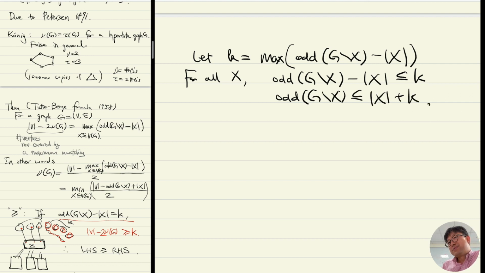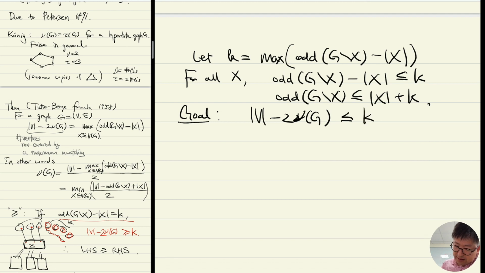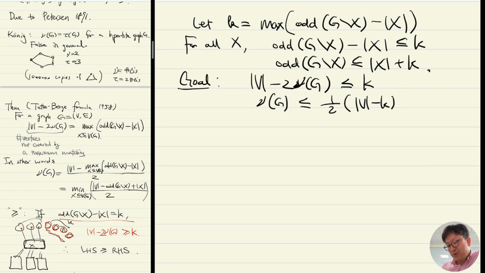Alright. Now, if that's the case, what is our goal? Our goal is to prove that the number of vertices minus twice nu of G is at most K, right? So in other words, nu of G is at least half the number of vertices minus K. That's what we want to prove.